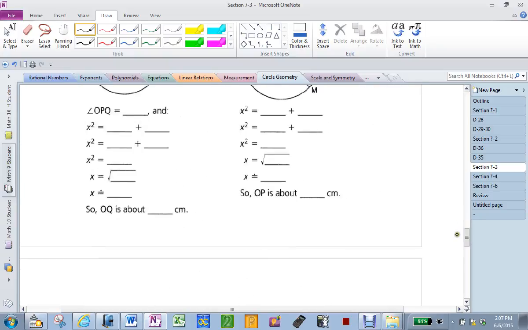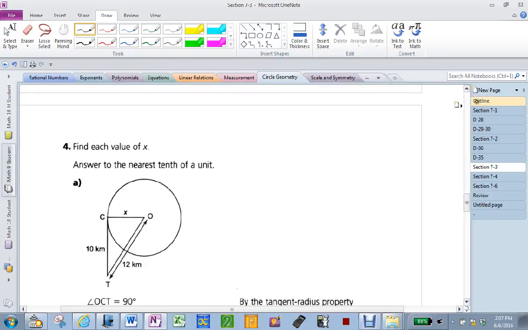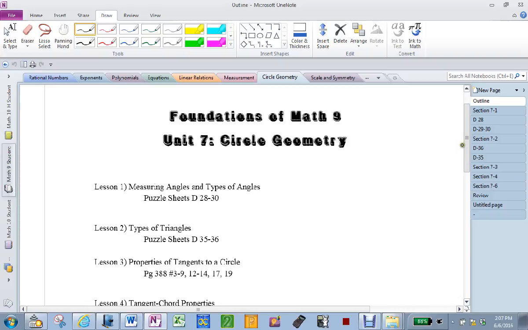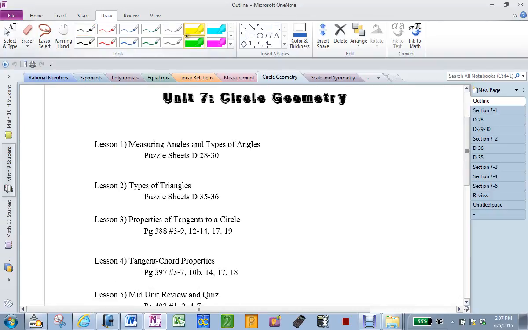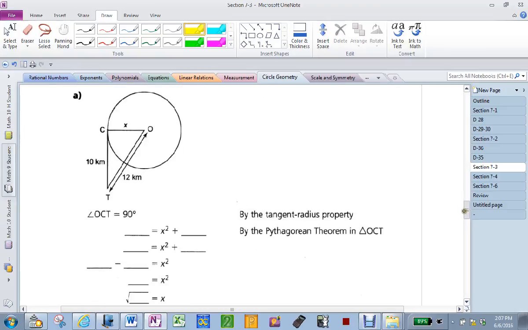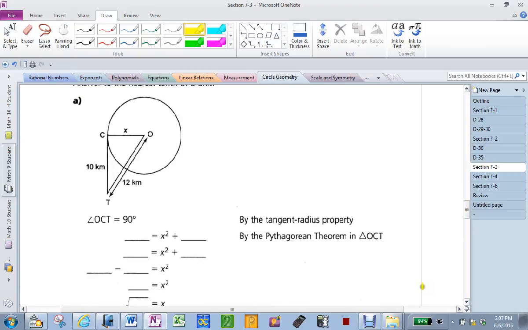Do that page, and then of course, get out your textbooks that most of you probably did not bring, and work on page 388.